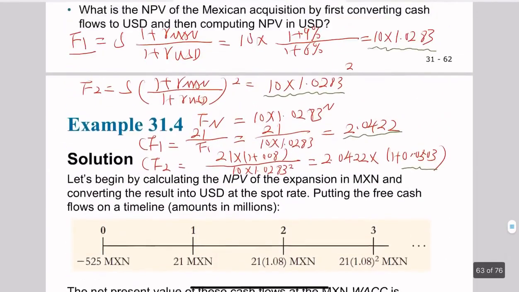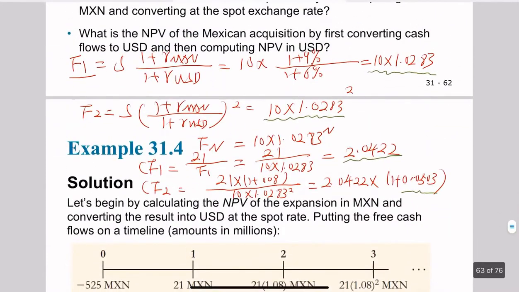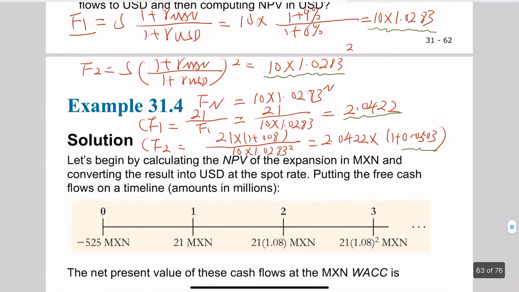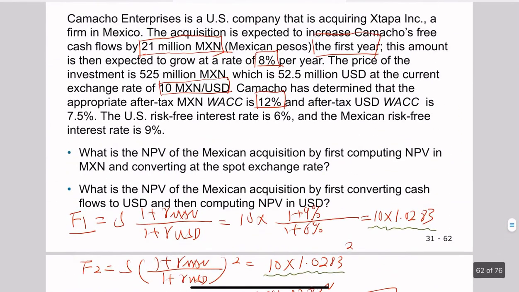So after getting these numbers, we can pretty much do the calculation, right? Because we have the first year cash flow, and we understand the growth rate in USD is almost 5%, and we also have the USD cost of capital at 7.5%.